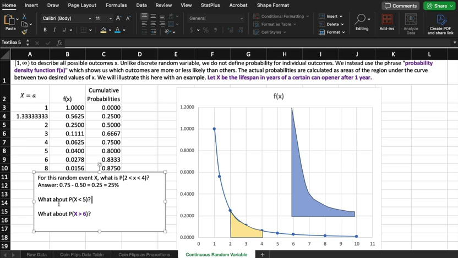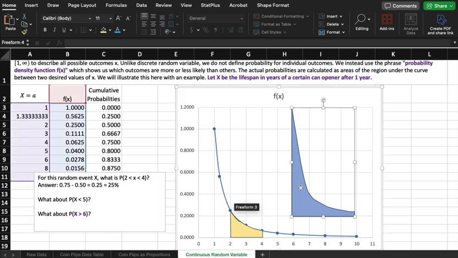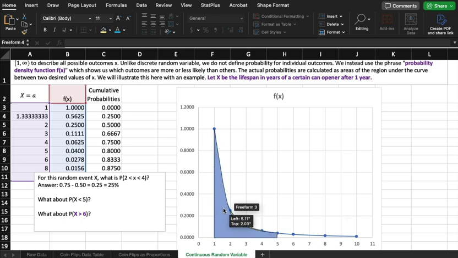Next, what is the probability that x is less than 5? So there's an example where we're going to take the number directly from our cumulative probability table. We don't need to do anything special with it because it's area to the left. Whenever it's area to the left, your cumulative probability is fine.